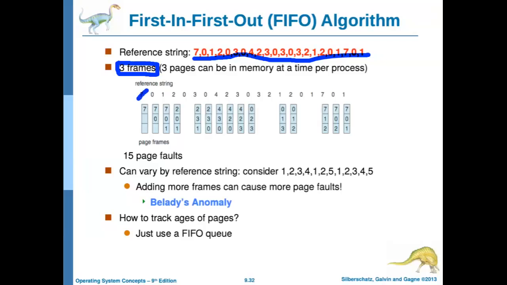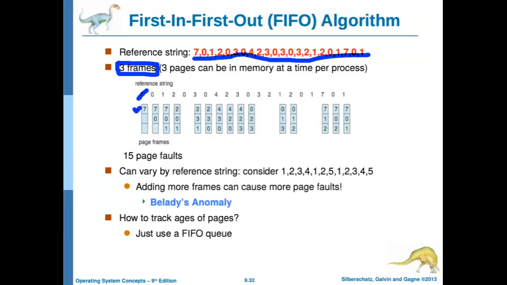Page number 7 is not in main memory, so a page fault has occurred. Once a page fault occurs, it will load the page from disk to main memory. That means one page fault occurred here, right? And that is loaded in one of the frames. So it is loaded here.